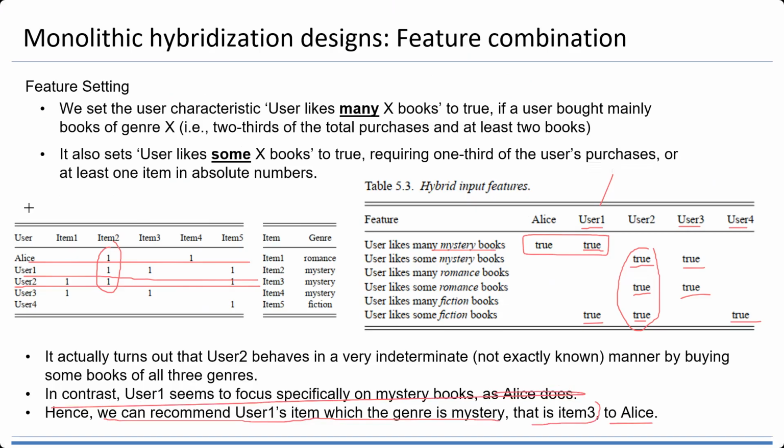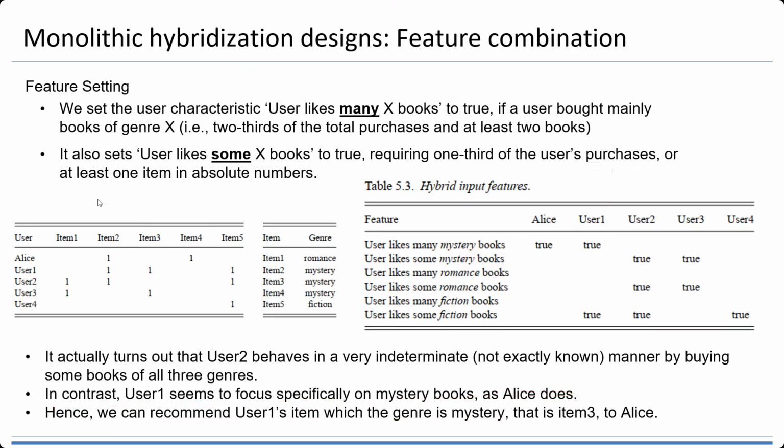So if you want to recommend books to Alice, because we know that Alice only has a feature which is true on the mystery book, then you do not need to recommend item 1. You do not need to recommend item 5.